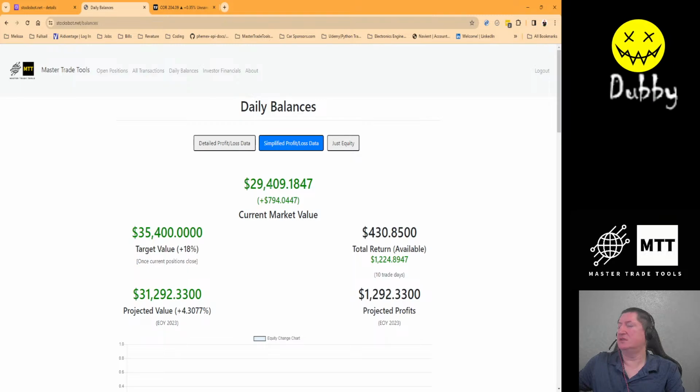Got our invested plus that, 839. But that's profit. So 30,000 minus that, so 600. Got about 600 in cash.